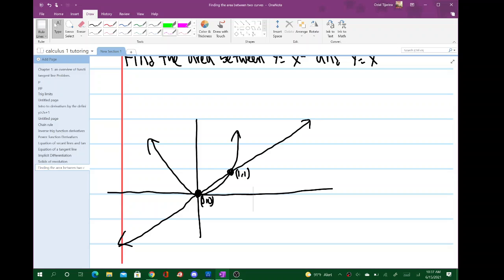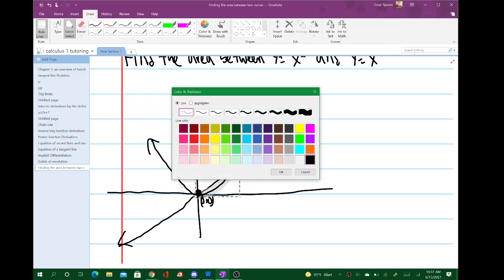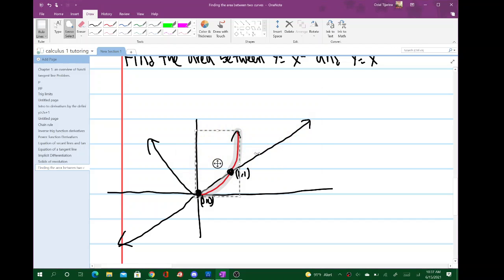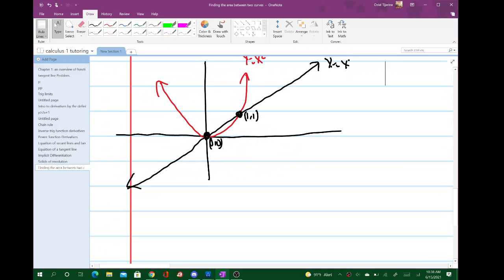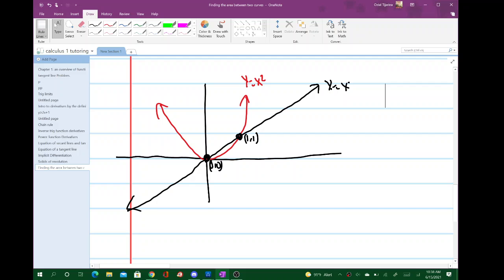And if I just color code, let me do this very quickly. Okay, so this is basically what we want to find, this little area here. So let me color code this one. You want to find that area.